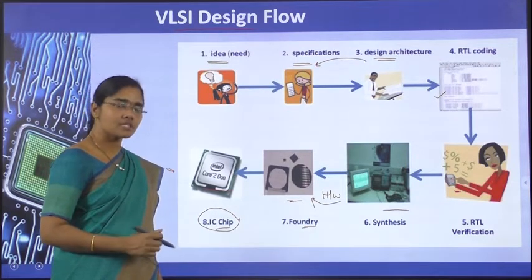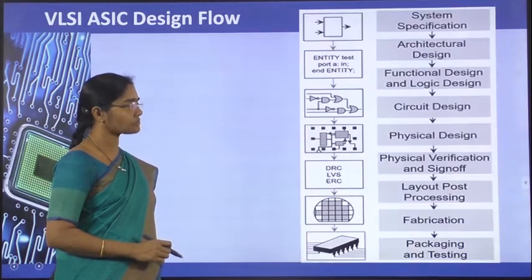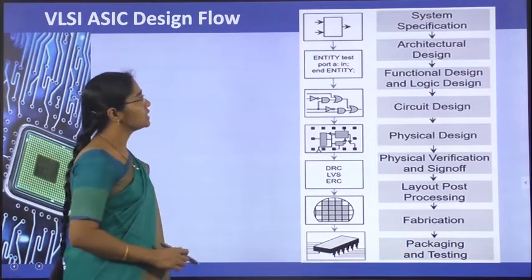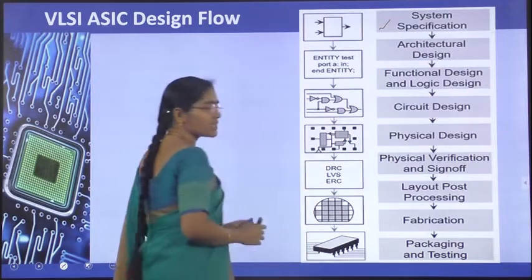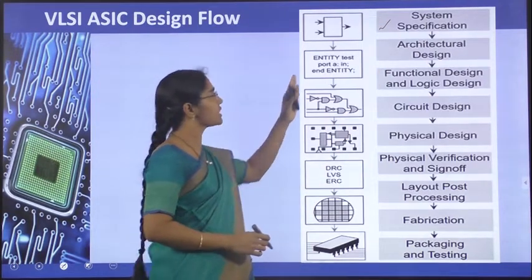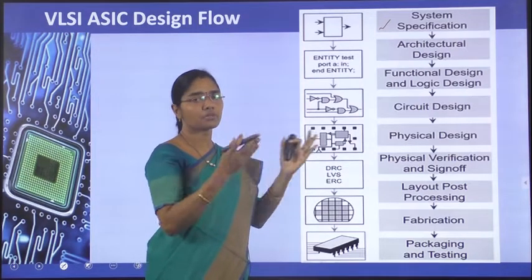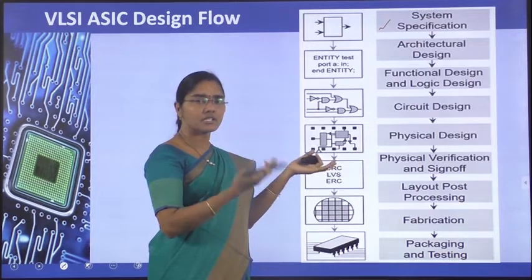Now if you want to see the actual VLSI design flow for an ASIC, this is the ASIC design flow. Here it first starts with system specifications. System specifications means, as a block, what are the inputs, what are the outputs, what are the power constraints, timing constraints, static constraints, and so on.